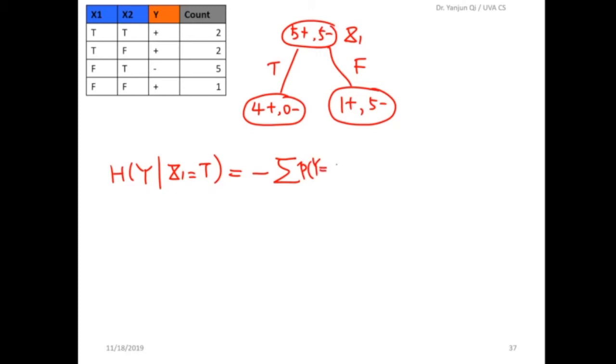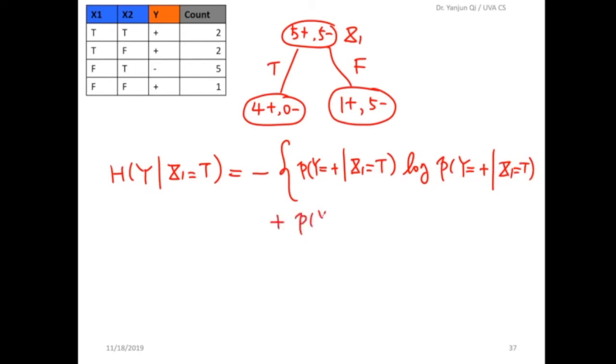P(y = yes | x1 = true) log P(y = yes | x1 = true), and there are actually two cases, so it should be like this.